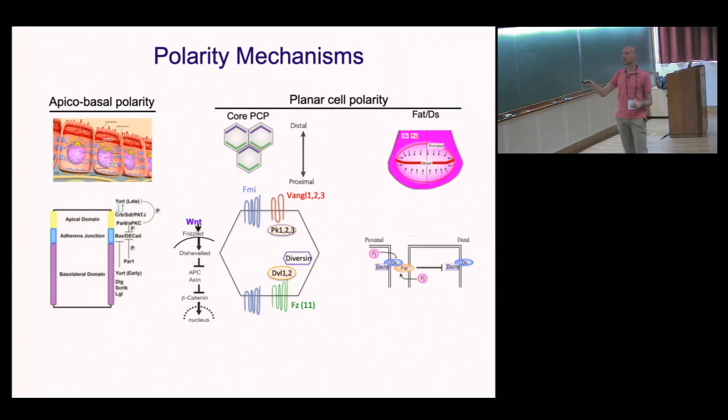And this again operates on very similar principles to the core PCP machinery: essentially mutually inhibitory membrane components that segregate within a single cell, but also interact with the neighboring cell in trans.